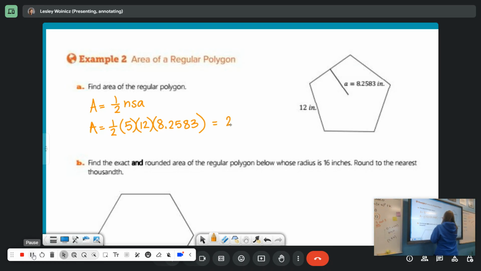I'm getting 247.749 inches squared. Does that look right?